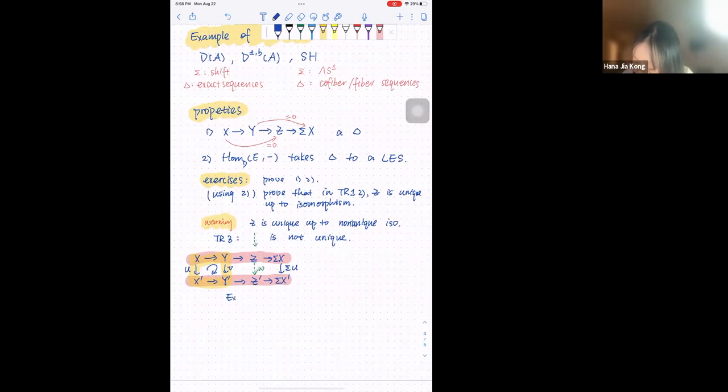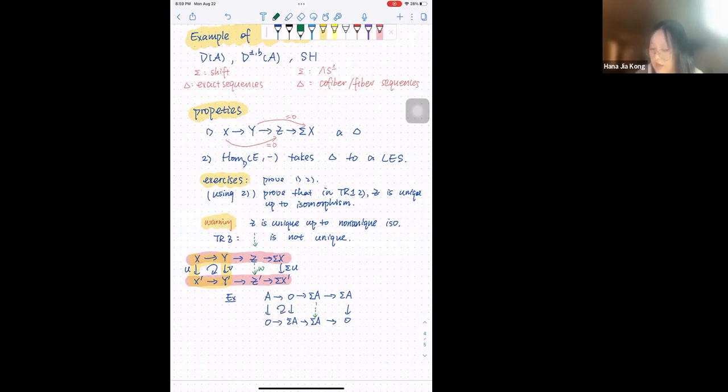So a counterexample would be if I look at A to 0 to suspension of A to suspension of A. I have the upstairs and downstairs, you have 2 triangles, and of course this is commutative, but you can take any map here to make everything commute.